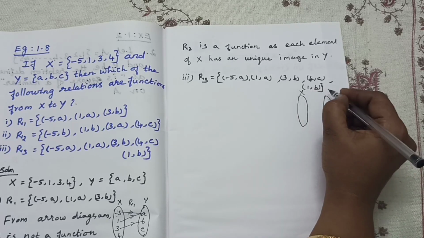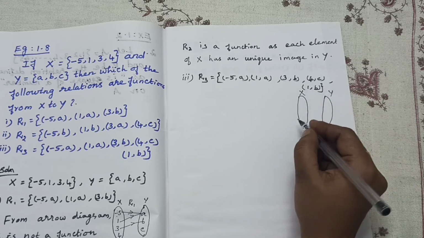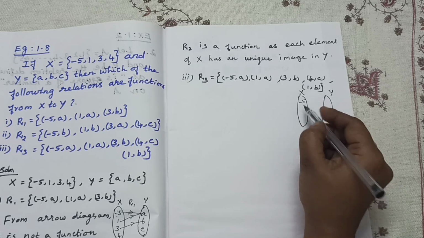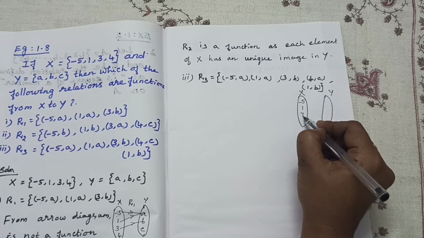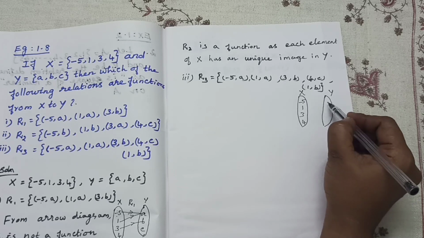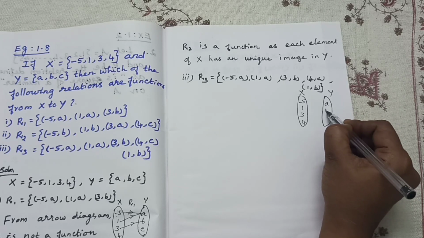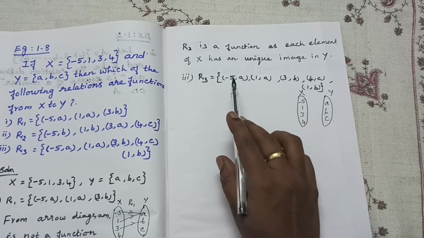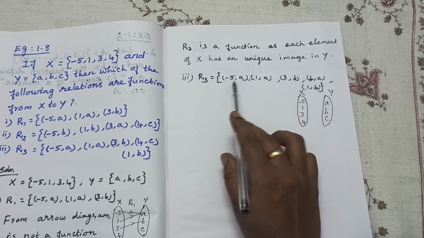See, set X is on the left, isn't it? X elements we have to write here: minus 5, 1, 3, 4. Okay. Then Y, what are the elements? A, B, C. And what are the relations given here?